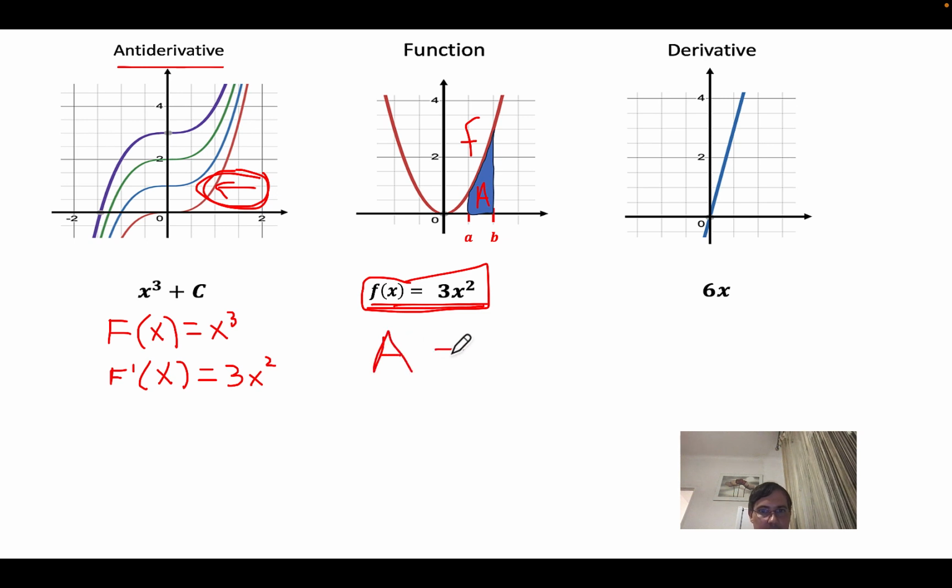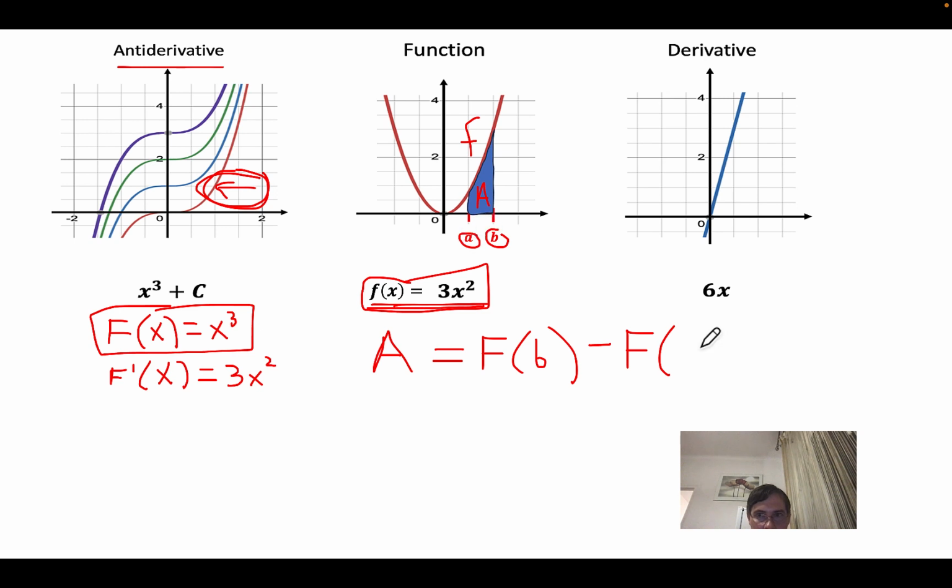this is going to be simply, take this antiderivative and apply this antiderivative F first at this point b, so F of b, and then minus, take the same antiderivative and apply it now at this point a, so F of a.